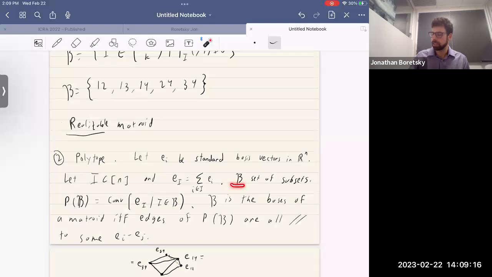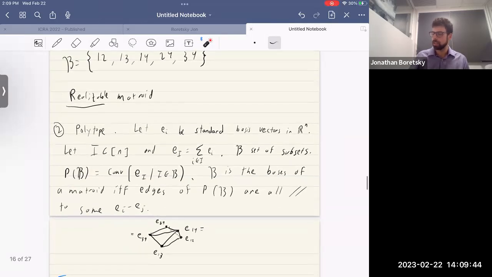And if we let B be some set of subsets, we'll define the polytope of B to be the convex hull of e_I such that I is in B. So take every element of this collection of subsets, take the indicator vector e_I for that subset, and think of these as vertices of some polytope, take the convex hull, and that's going to be exactly P of B. All right, and then B will be called the bases of a matroid if and only if all of the edges of this polytope are parallel to some e_i minus e_j.